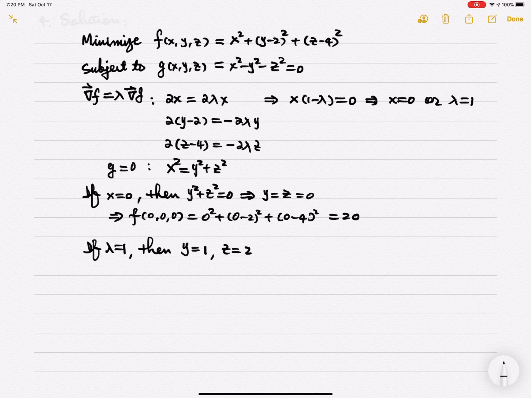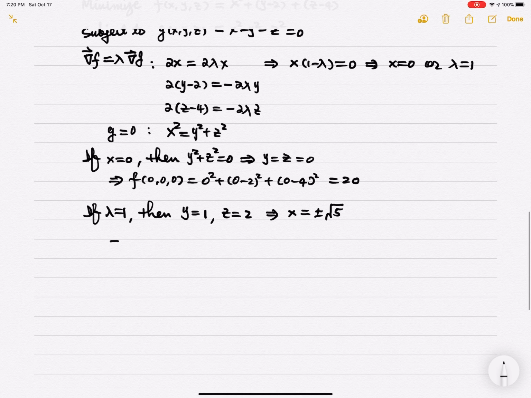Now, if this is the case, then x squared equal to y squared plus z squared. So x is plus or minus the square root of 1 squared plus 2 squared, which is root 5. So we evaluate at x positive and negative root 5, y equal to 1, z equal to 2.